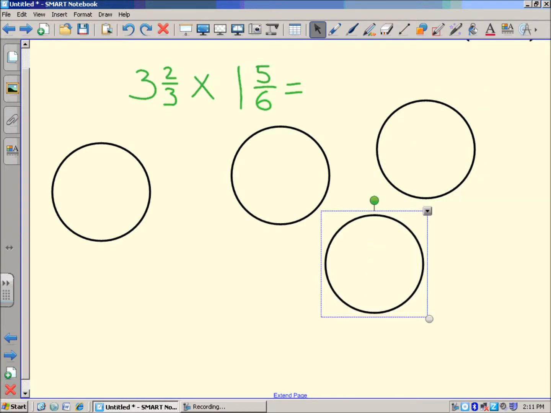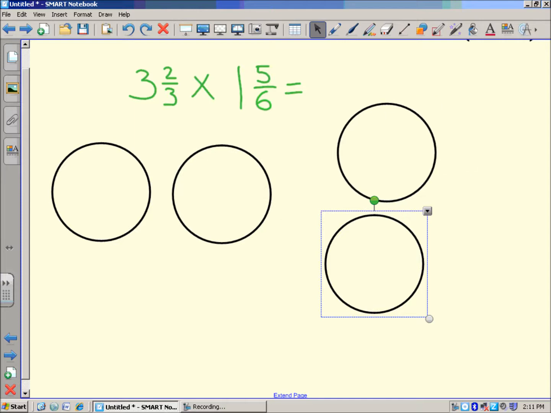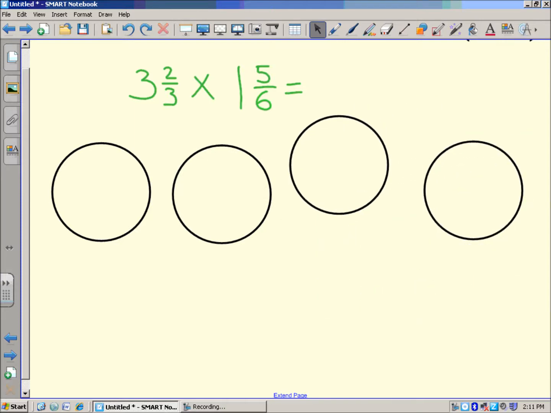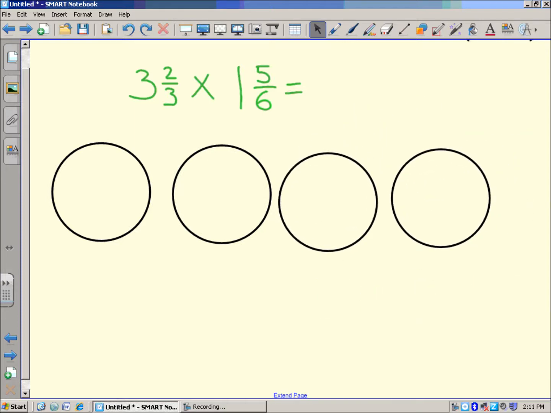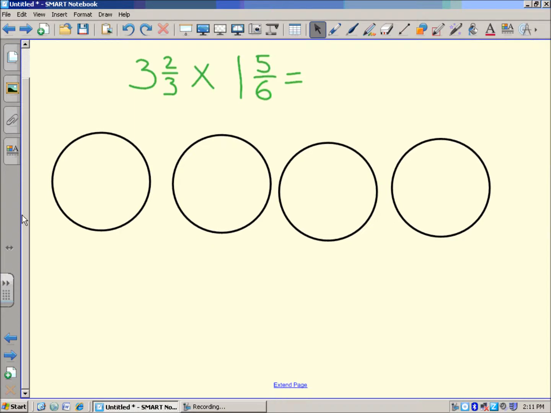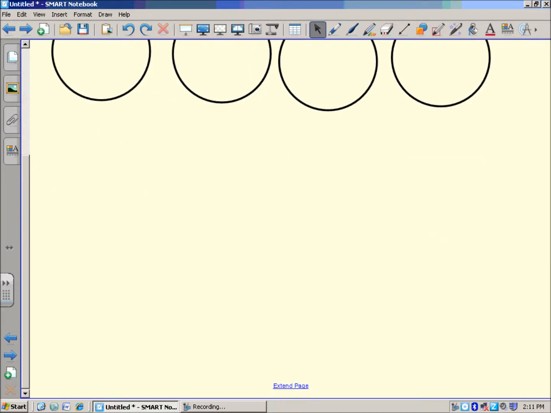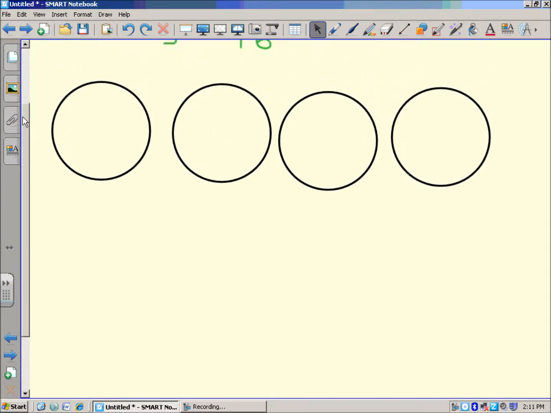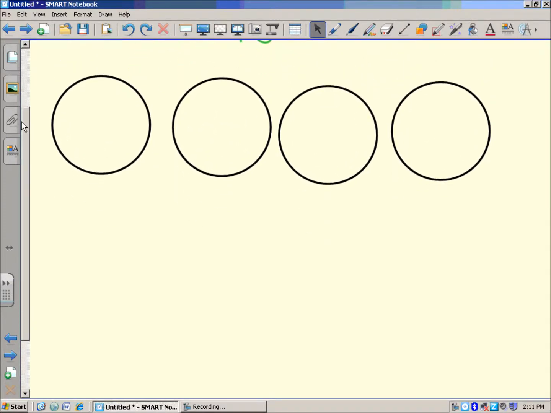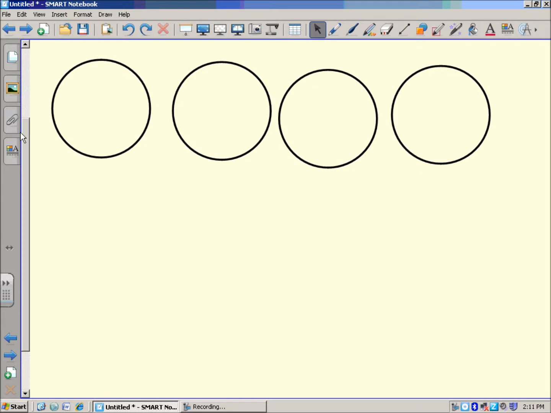All right, so now we can show 3 2/3 first, and then we'll be able to convert those to improper fractions. So we'll do 3 2/3, and then let me divide the workspace to avoid any confusion.